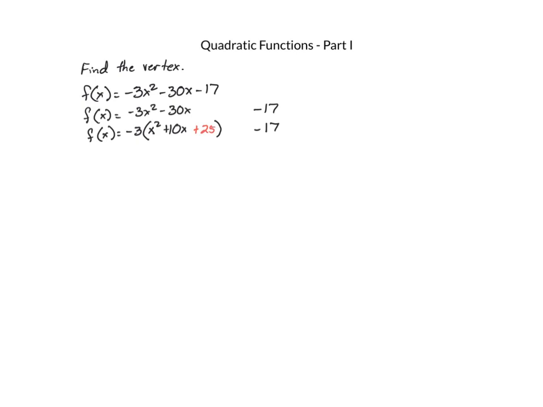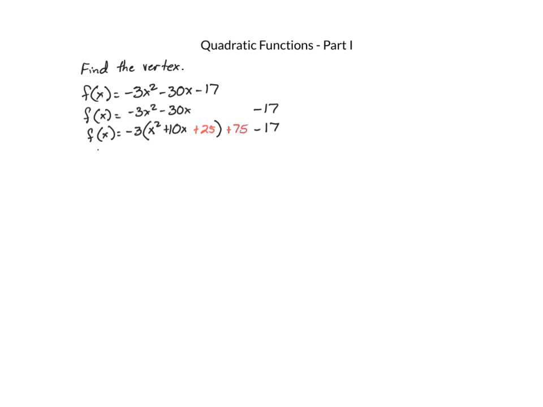But notice that's not really a true 25, because that's really a 25 being multiplied by -3. So I have really just added a -75. If I've added a -75, I need to add a positive 75 to balance it out.